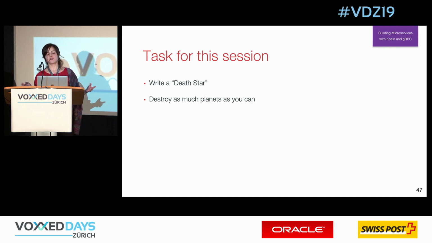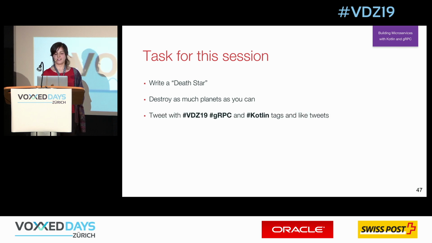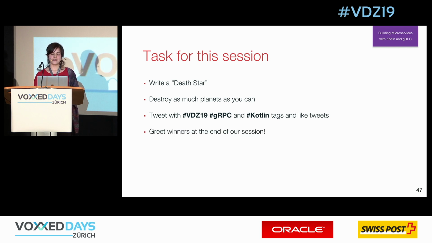Then we destroy as many planets as we can. And tweet about it, of course, with these hashtags. And at the end of the session, the person who wins this contest and destroys as many planets as he can will win some present from me and Wix. And of course, enjoy this session.